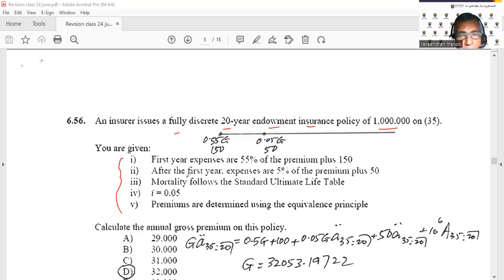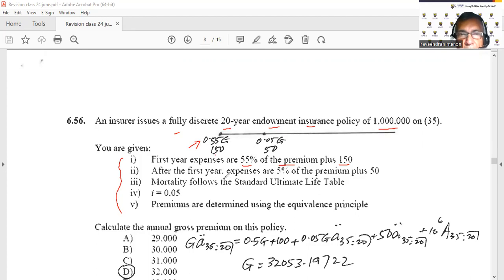First year expenses are 55% of the premium plus 150, yeah? So 55% of the premium plus 150. As you can see, I've indicated it here. Okay, 0.55G, if I'm going to call the gross premium G. So here the expenses will be 0.55G plus 150. Okay, good.